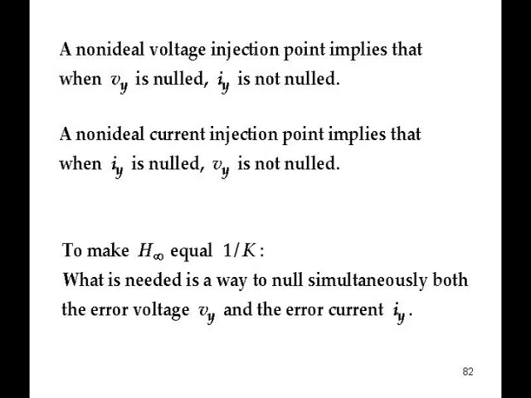So if you want to make the H infinity equal to the reciprocal feedback ratio, which is where you have the proper interpretation of these quantities that you want to have for design purposes, what we have to do is find a way to null simultaneously both the error voltage and the error current.